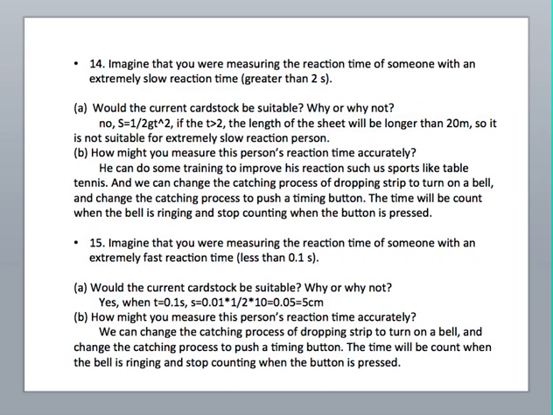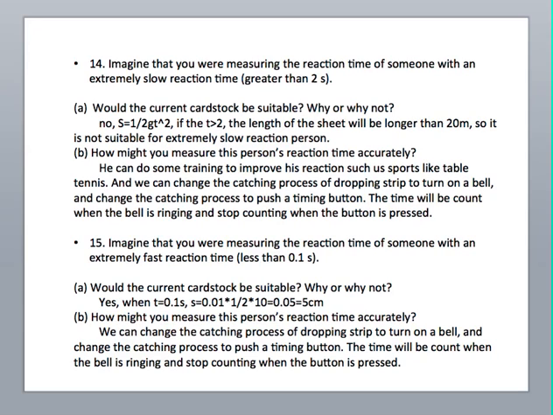And then question 14. Imagine that you are measuring the reaction time of someone with an extremely slow reaction time, which is greater than 2 seconds. A, would the current cardstock be suitable? Why or why not?